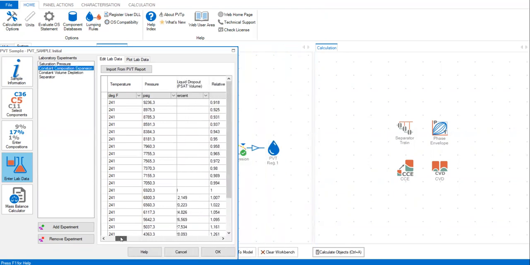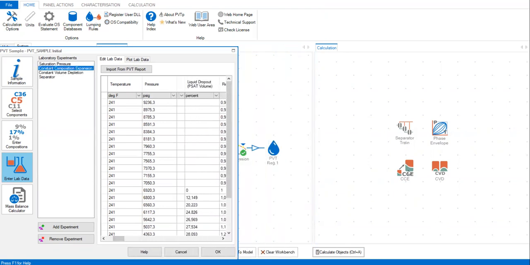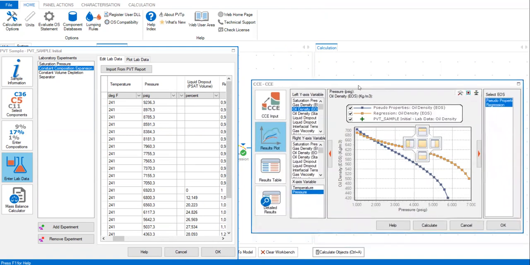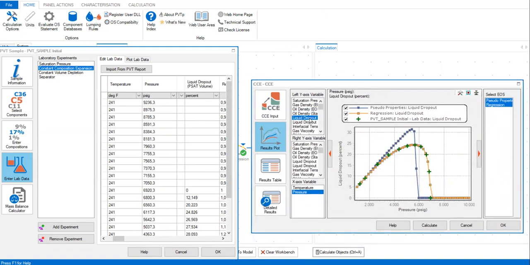Okay, so now let's validate the result for the CCE. Double click on CCE here, results plot. And first I'm going to check the liquid dropout. You see, it's very good. All right, the blue curve with blue boxes is the liquid dropout from the pseudo properties fluid model.